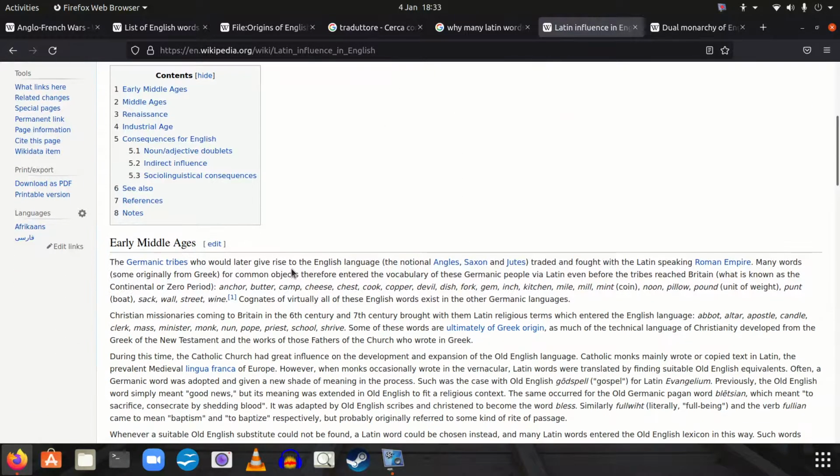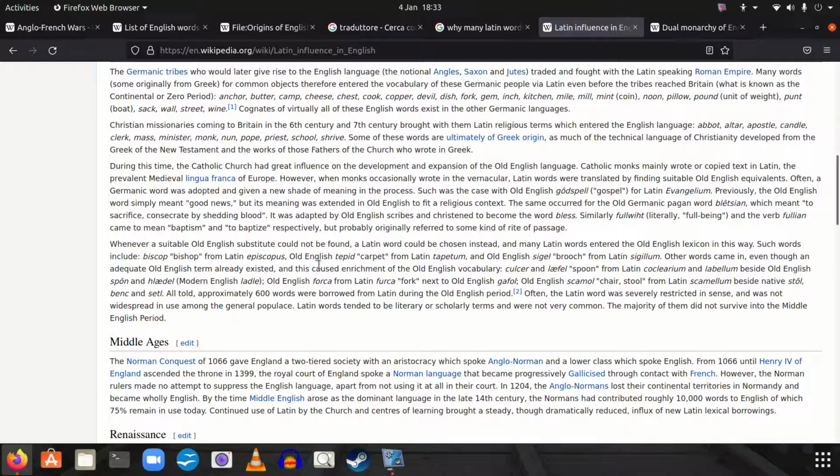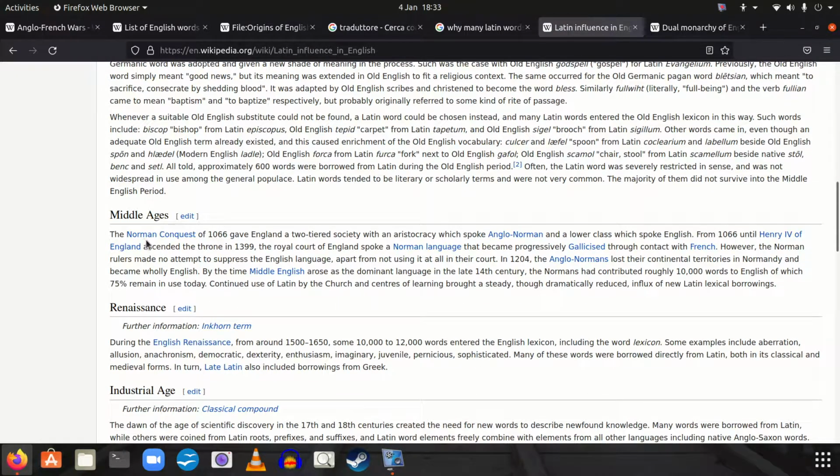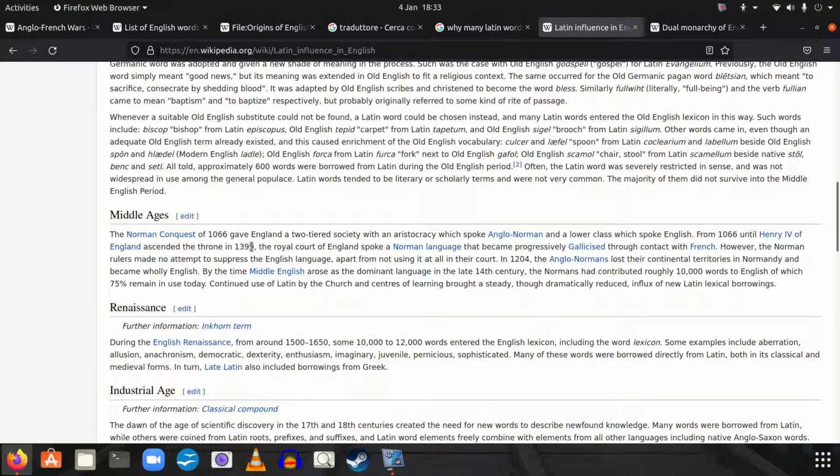Okay, now that we have understood something about this topic, here we have the Norman conquest of 1066, which gave England a two-tiered society with an aristocracy. This was the part that was really interesting.